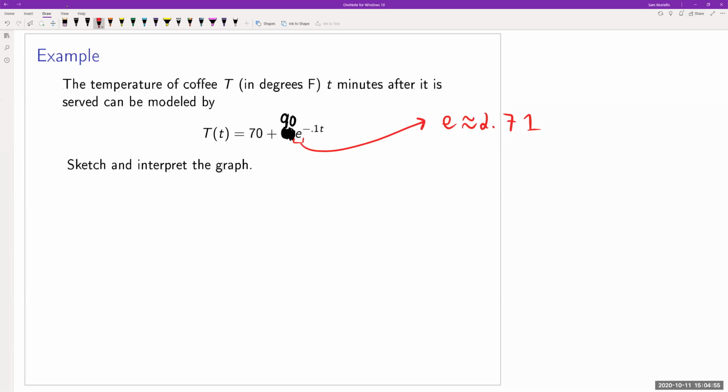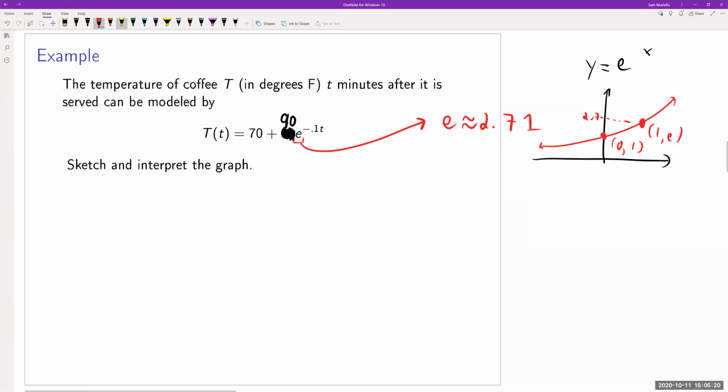Meaning that this function, the basic function, y equals e to the x, is a regular exponential function going through the points (0, 1) and (1, e), where e would be about 2.7 or so.